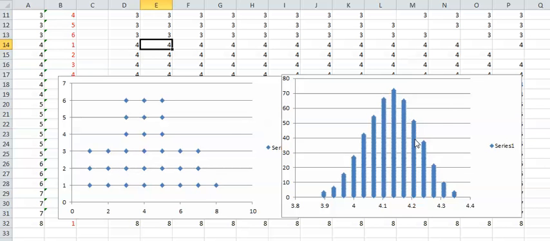So right here, this dot would be the mean of one possible sample of 29 people. Here we have 29 people who have a mean of 4.2. Here we have 29 people who have a mean of 4. Here we have 29 people who have a mean of 4.1. So we have the population, the individual people, and the sampling distribution, which is the means of all possible samples of the size that I'm selecting.